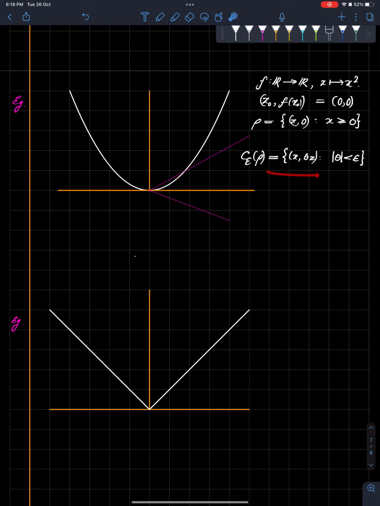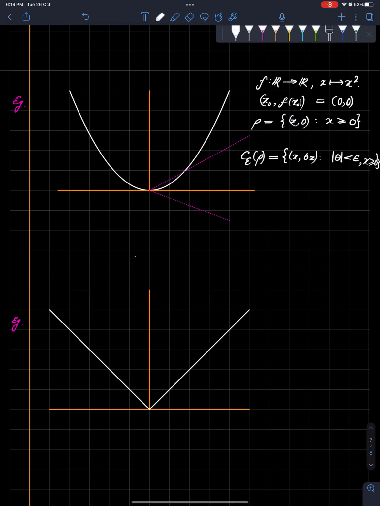So just make sure that you follow that this is the epsilon cone about this horizontal ray, right? Yeah, so where I also need to say that x is greater than or equal to 0, yeah.